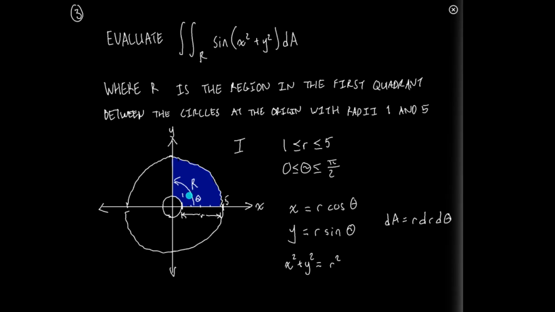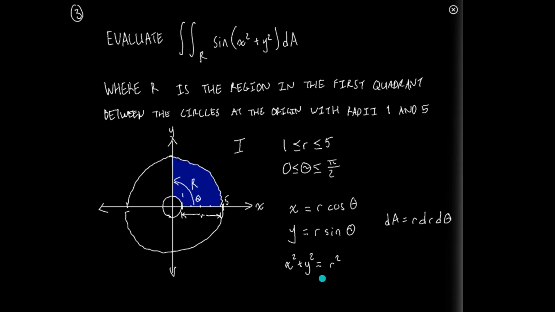We translated that into bounds, but it is more intuitive to do in polar coordinates than it is to do in Cartesian coordinates. We converted it to polar, that is a radius and an angle theta, right? We defined it as being between 1 and 5 for the radius, and 0 to pi over 2 for our theta.